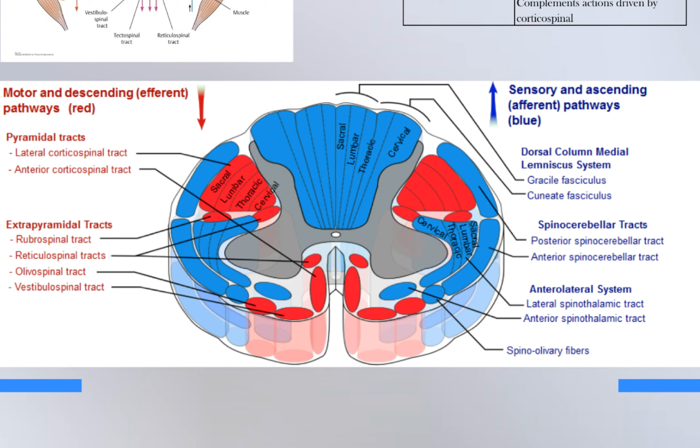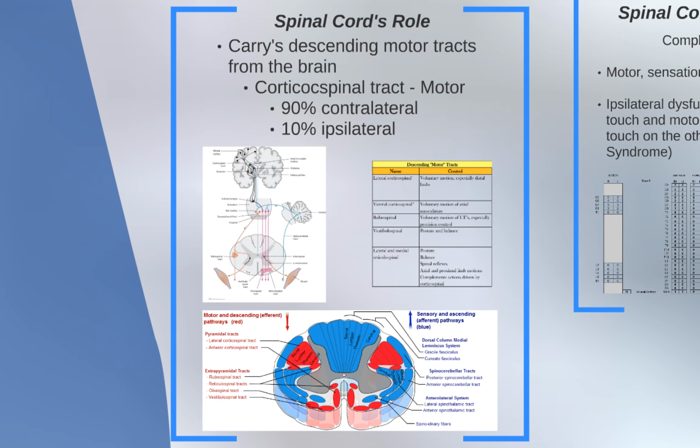And this is essentially a review of these tracts as they travel through the spinal cord, giving us the knowledge that if one region of the spinal cord were affected, we would lose either sensory or motor afferents or efferents within the spinal cord, ultimately leading to a loss of that information being carried to the brain.